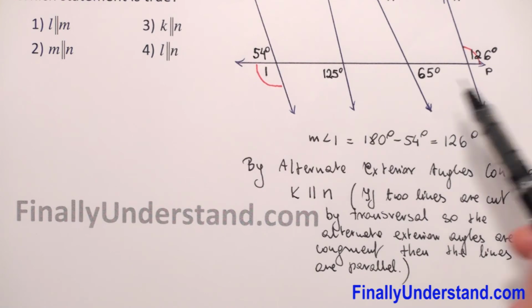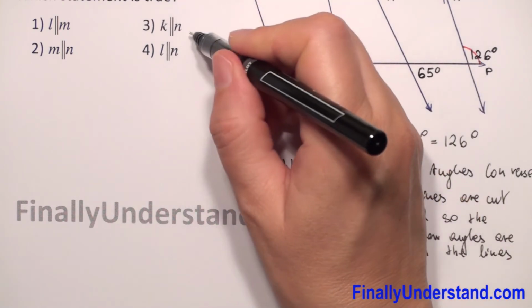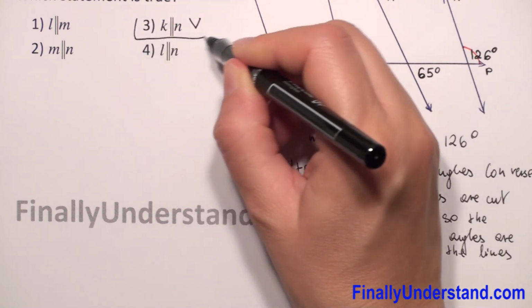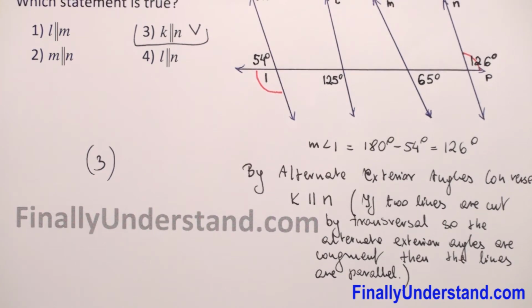So we have that line K is parallel to line N. So this is our solution. 3. The line K is parallel to line N.